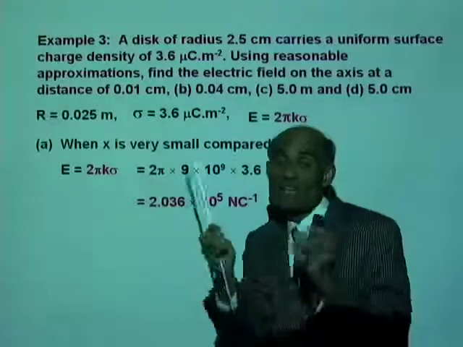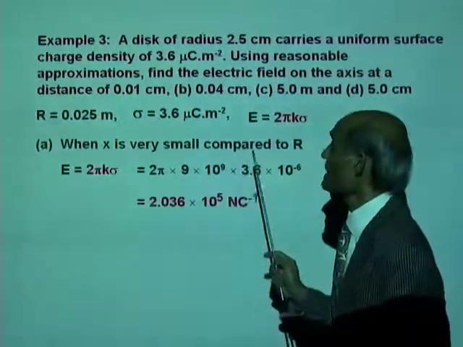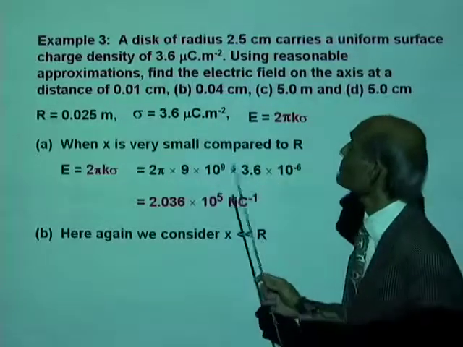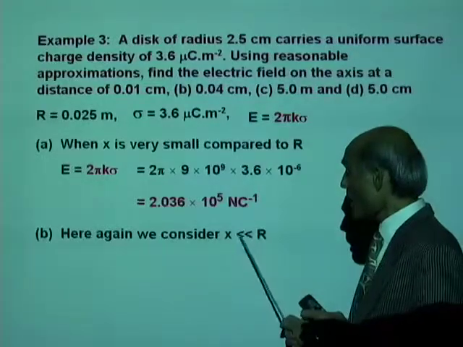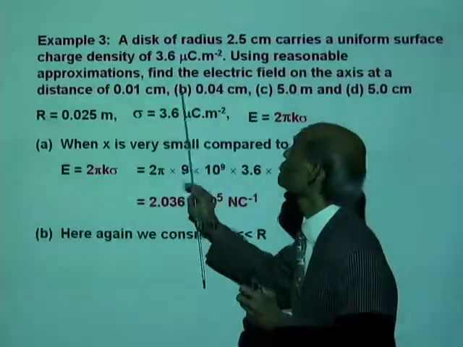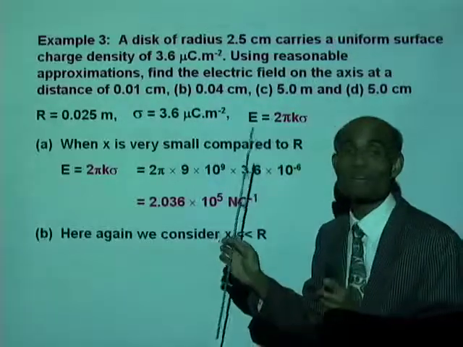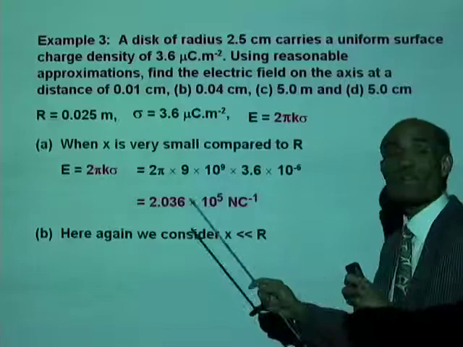We use the near point approximation. Tell me, how about B? What approximation will we use? Here again, compared with R, x is very small. Therefore, we can use the near point approximation. The same formula, which means the value will remain the same.